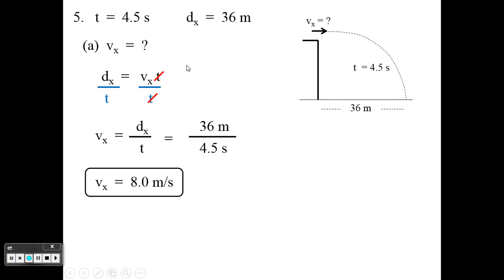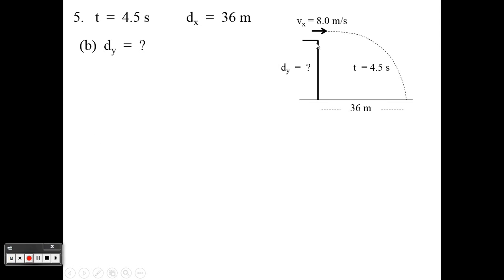Second thing to find out: how high was the cliff? We'll consider that it takes the stone 4.5 seconds on its parabolic trajectory. That would be the same as if it were simply dropped. So once again, let's consider it dropped from rest, and it takes 4.5 seconds to reach the ground. We have v sub i, t, g, and we want d. That leads us to this equation.